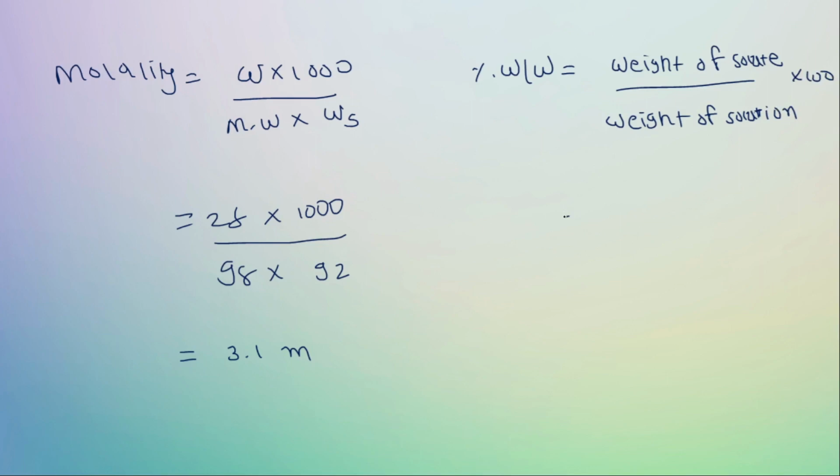So weight of solute is 28. Weight of the solution is 120 gram. We already found it, and into 100. So the percentage weight by weight will be equal to 23.33 percent. So it is the percentage weight by weight.